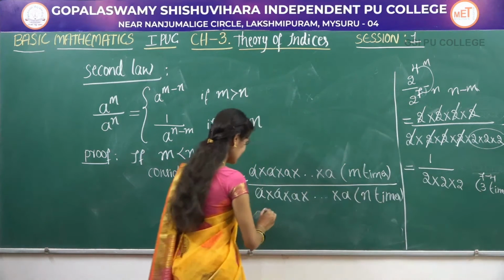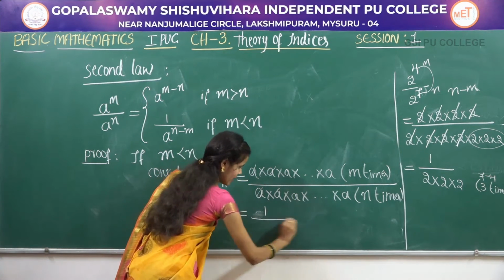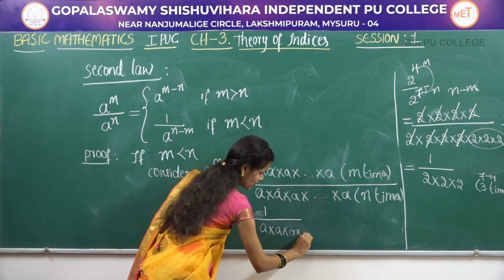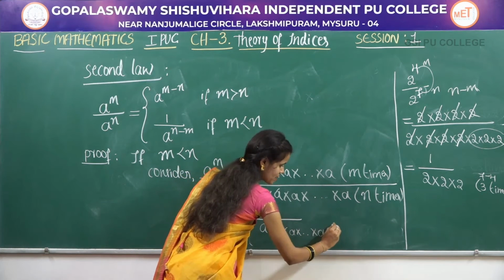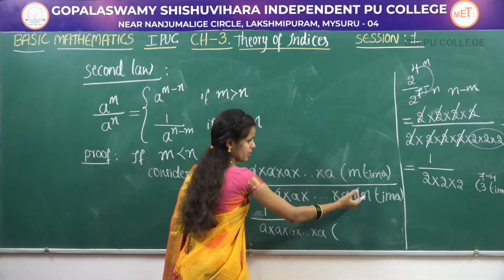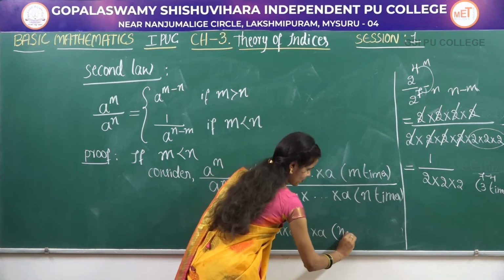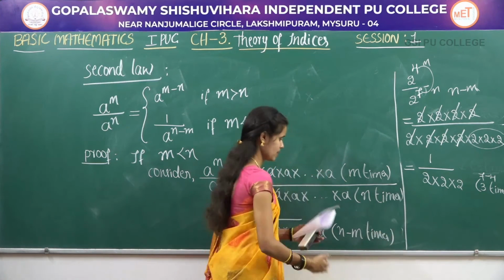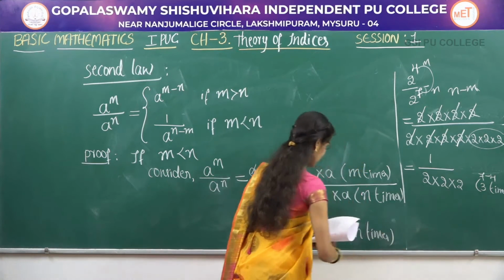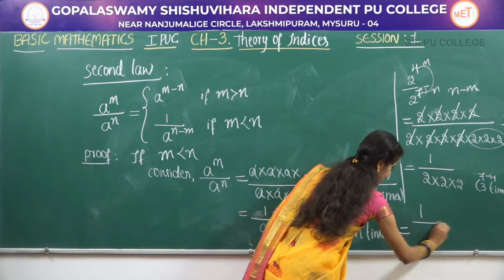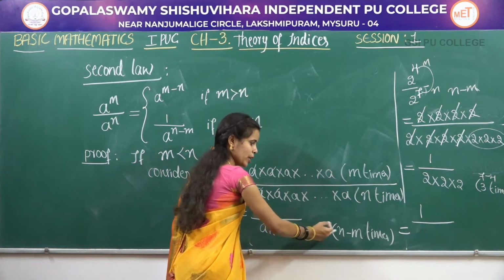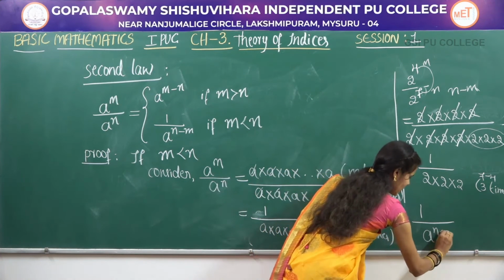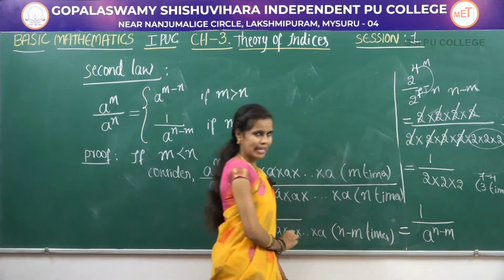So in general, 1 by a into a up to a, how many times? n minus m times. So this can be written as 1 by a to the power of n minus m.